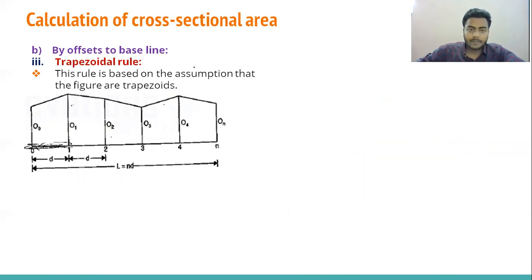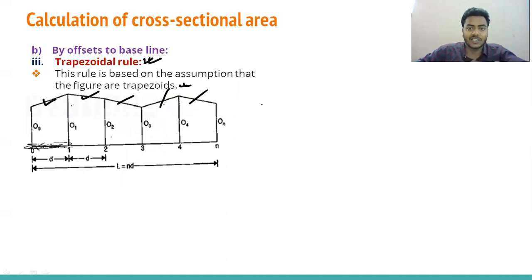Trapezoidal rule. This is important. This rule is based on the assumption that the figures are trapezoidal. Like in the field, now you can see this is a straight line, this is a straight line. But in the practical case, you will see there are no straight lines.